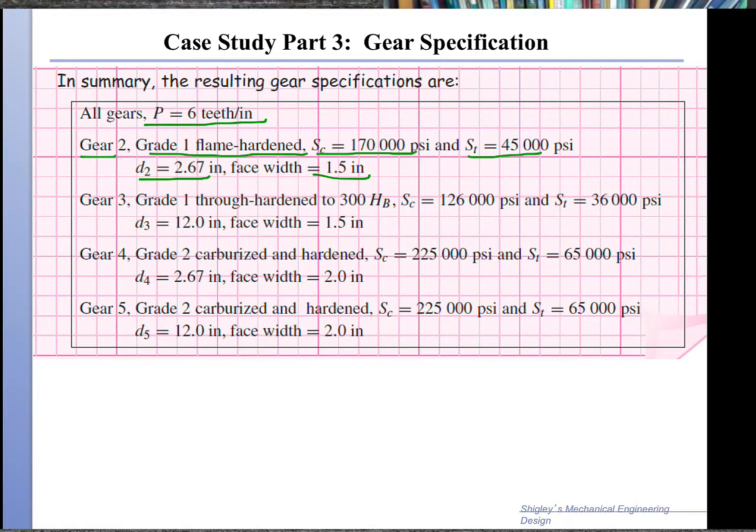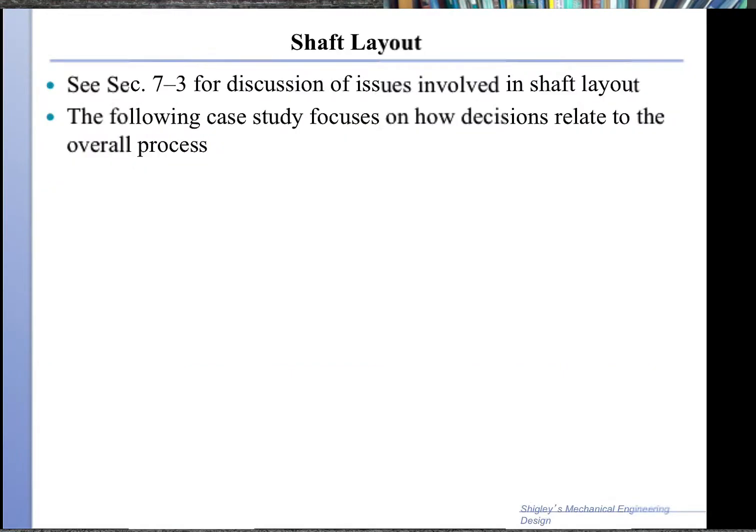And we also have determined all of the properties of the other 3 gears. So if you notice here, gear 2 and gear 3 have a face width of 1.5, but gear 4 and gear 5 have a face width of 2, and that is important in the shaft layout.